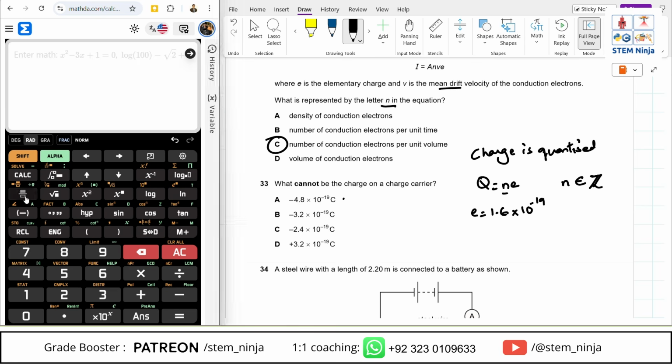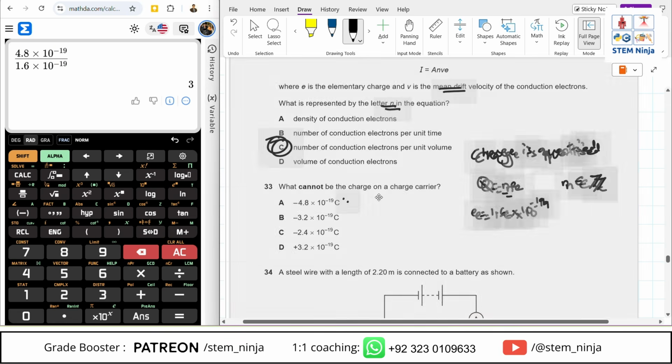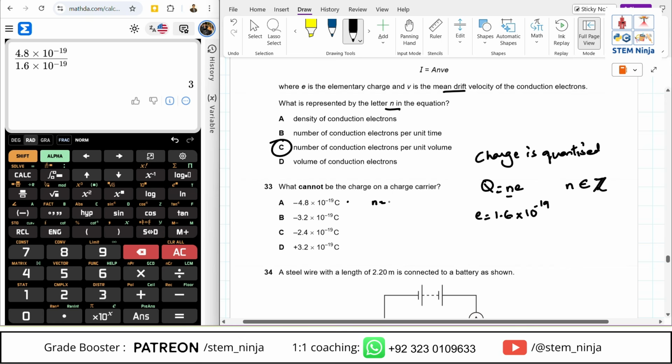So let's see. We have 4.8 times 10 raised to power minus 19 divided by 1.6 times 10 raised to power minus 19. So n is equal to 3. So this can be the charge.